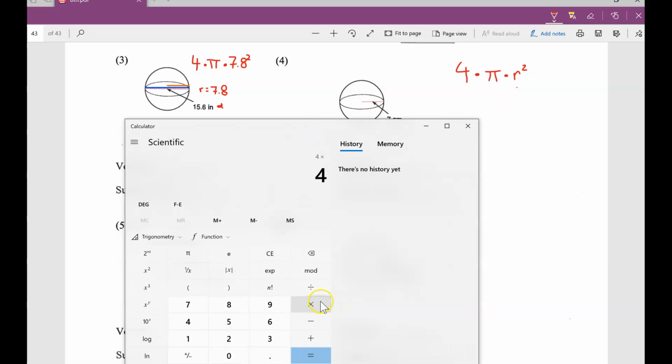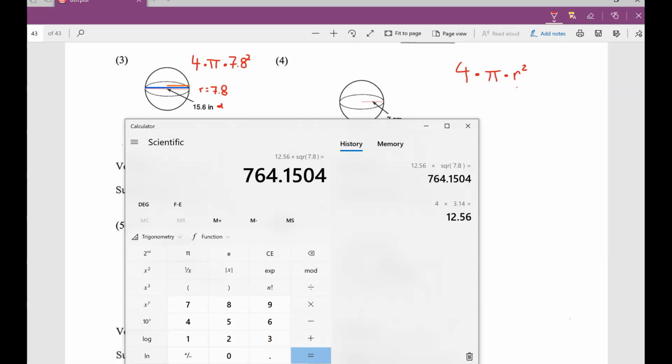4 multiplied by, and if you remember from yesterday, you can use either 3.14, or if your calculator has it, you can use the pi button. Both will work. And then we're going to multiply that by the radius, 7.8 squared.